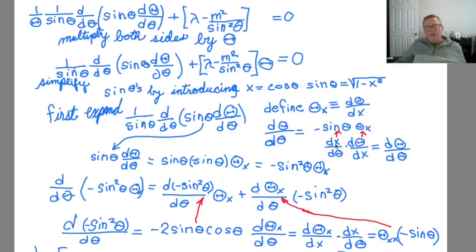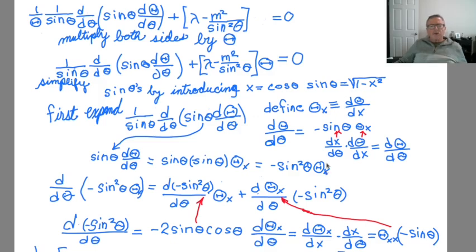The first derivative of x with respect to theta is negative sine. Now, how does that come about? Well, the first derivative of the cosine with respect to theta is negative sine theta. So that's where that sine theta comes from right there. It's all because of that x equals cosine substitution method.